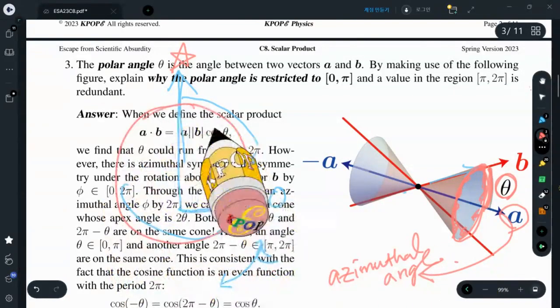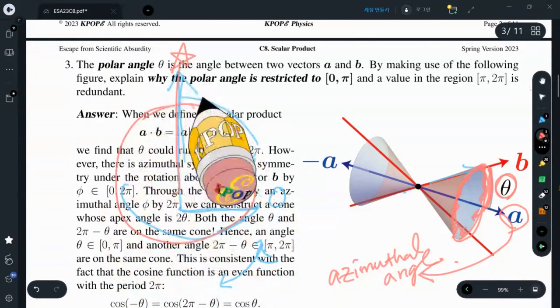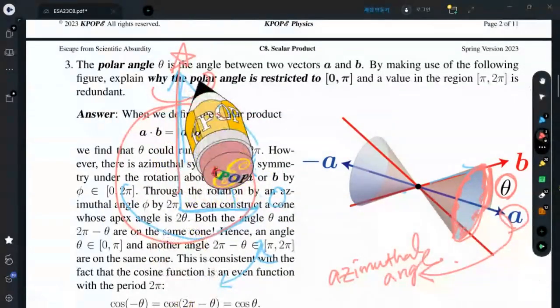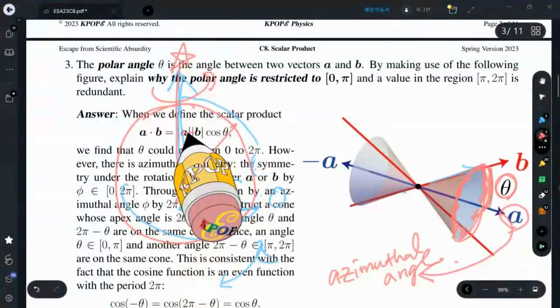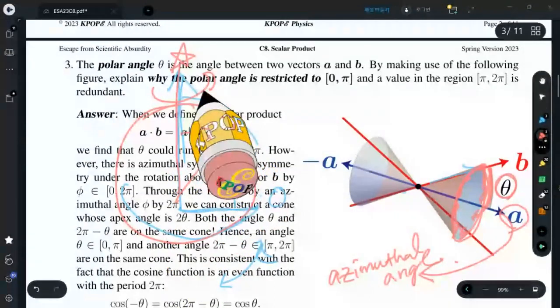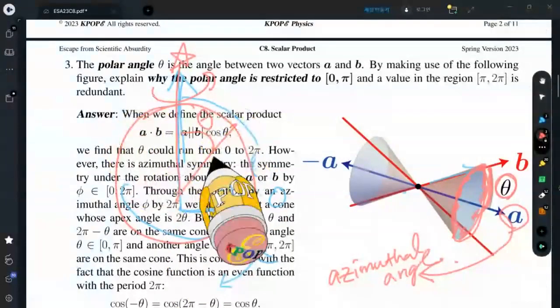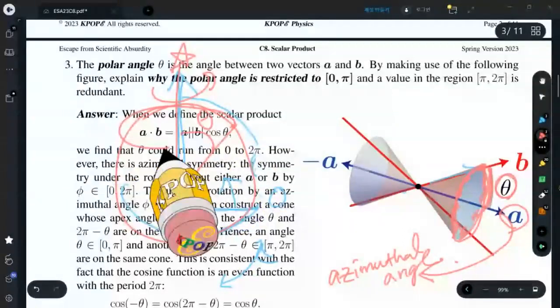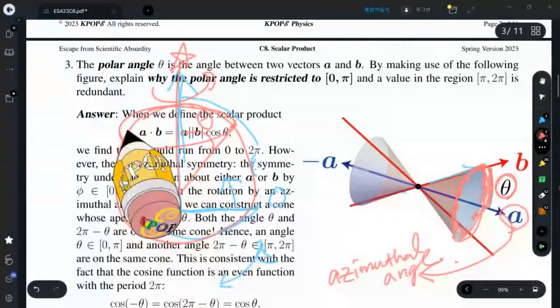And we know our Earth is rotating about the z-axis counterclockwise. Therefore, this is called the polar angle, and the Earth's self-rotation represents a circle, and there is a cone.